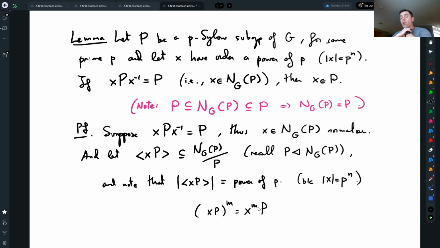Perhaps not the same power, but some power of p. Okay. Now we have the correspondence theorem. So this is a subgroup of a quotient, and by the correspondence theorem, I know what those look like.